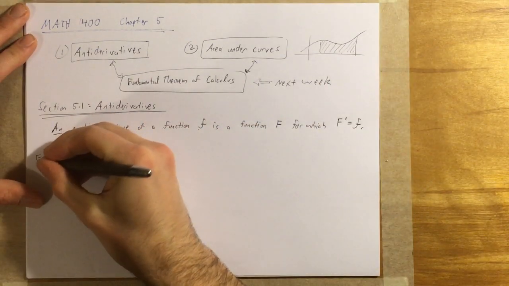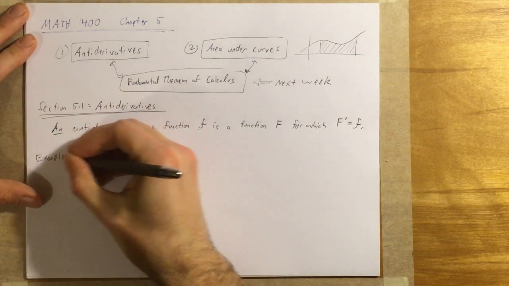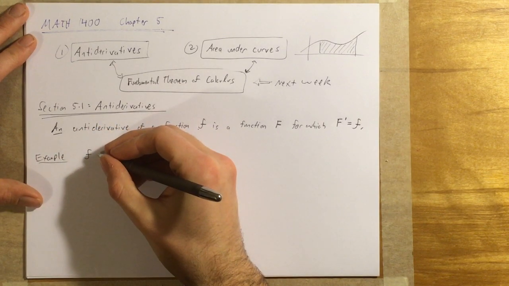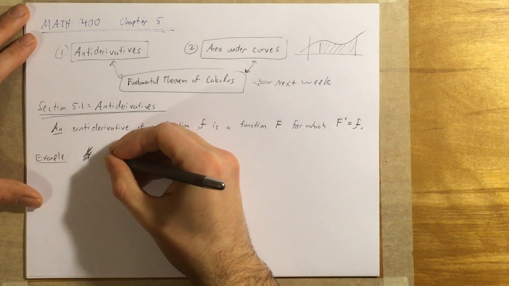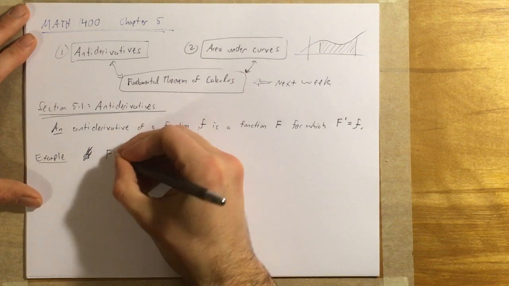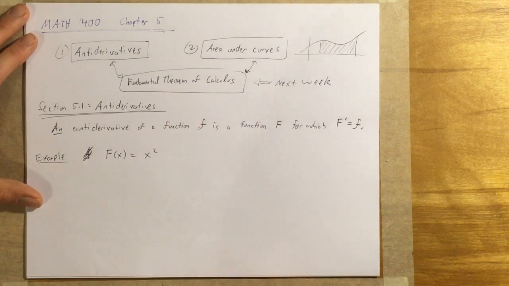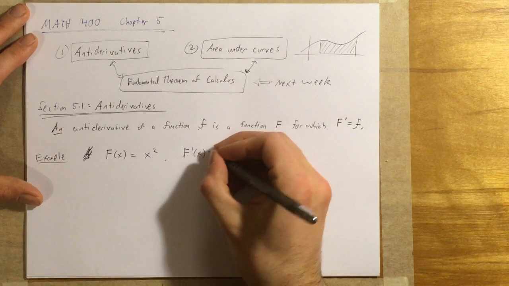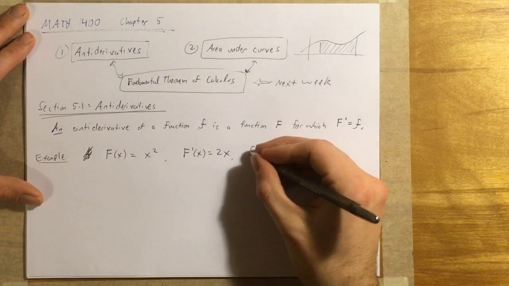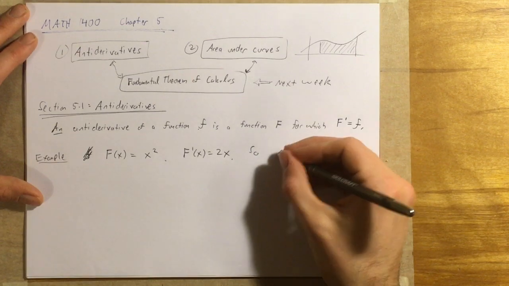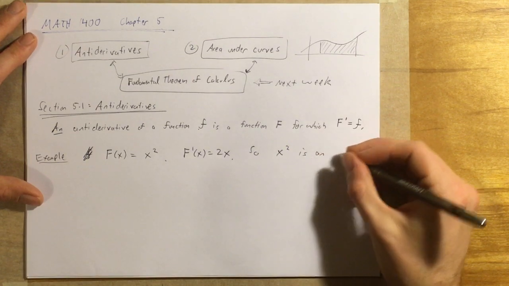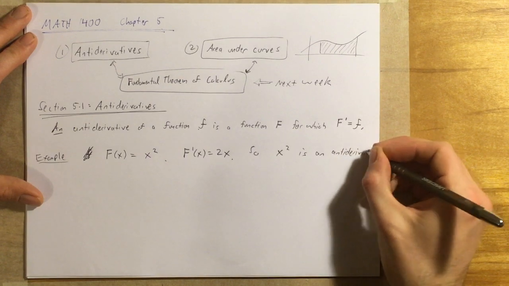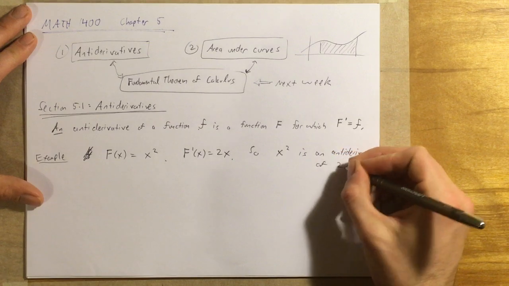Let's do a quick example. Let's look at capital F of x equals x squared. Well, the derivative of capital F would be 2x. So that means that x squared is an antiderivative of 2x.